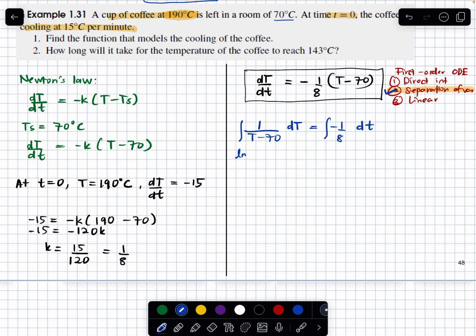The left side becomes ln, and the right hand side becomes negative 1 over 8 t plus c. We solve this. To remove ln, we write like this. The right hand side can be written as e to the c. If you write A e to the negative 1 over 8 t, where A equals e to the c.